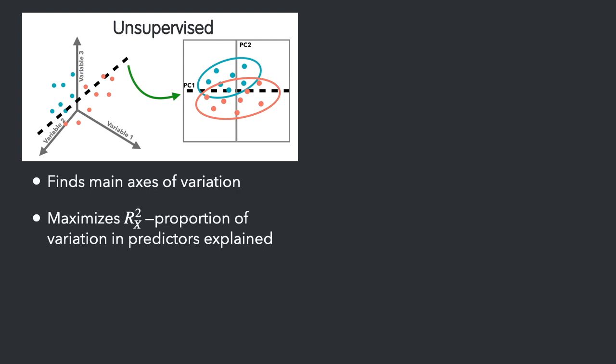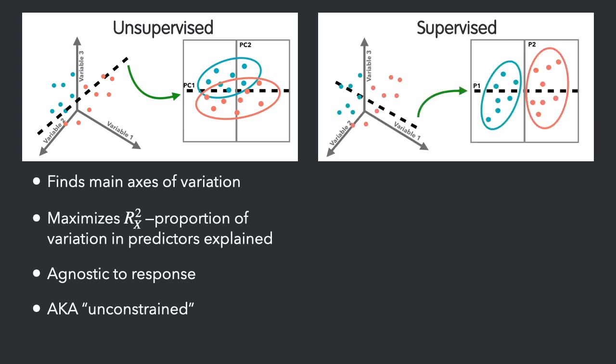And in this data set, we have a response variable. It's this color, blue or red, and it is agnostic to that response. It doesn't care about blue and red, which is why in this example, blue and red are not really well separated along that axis. This is also sometimes called an unconstrained approach.